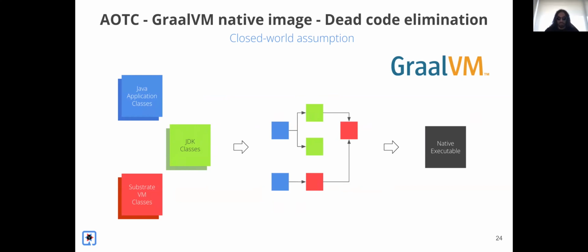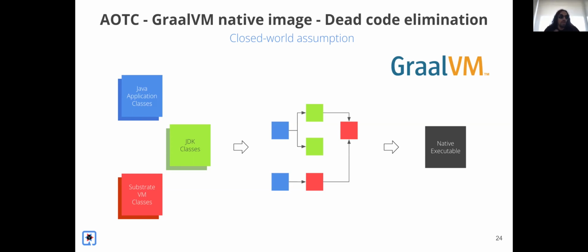Meaning that you're not going to run a Java application in the JVM. It's just going to be a plain executable app. There's still a VM involved, which is called Substrate VM. But of course, there are considerable differences between one and the other.